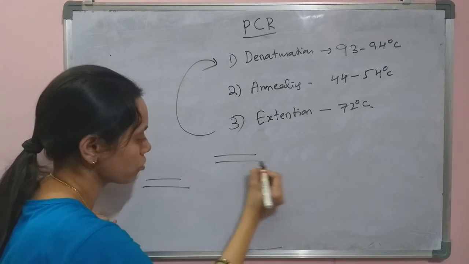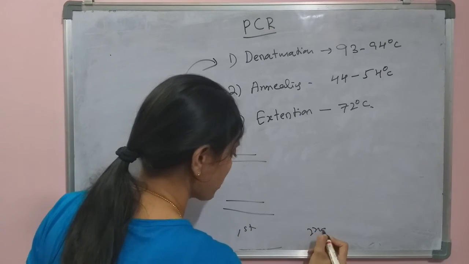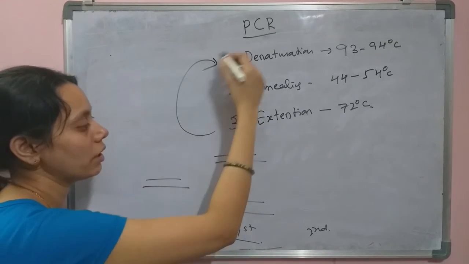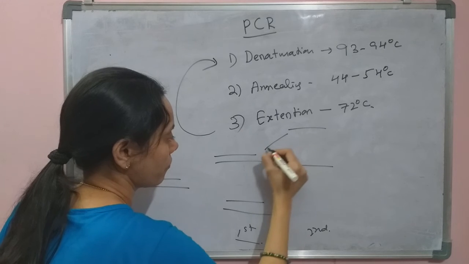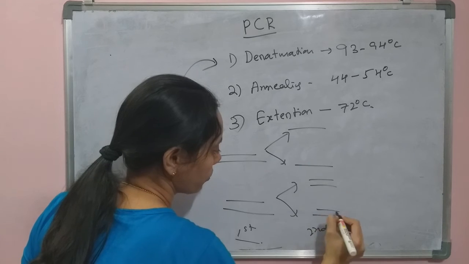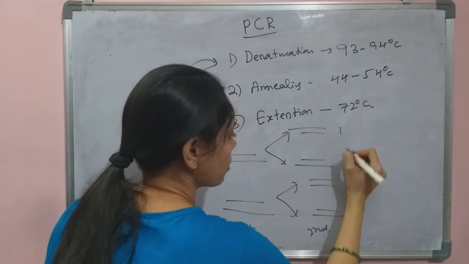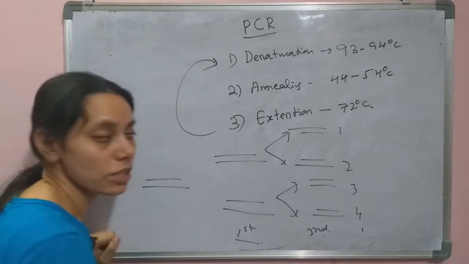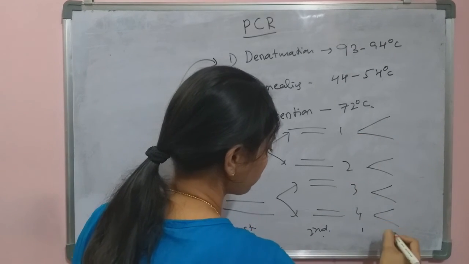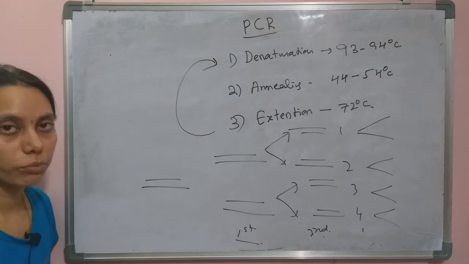So from one strand, 2 strands will be obtained by the end of the first cycle, and once the first cycle is finished, we'll again denature these 2 strands, and the complementary strands will be synthesized. So by the end of the second cycle, we are going to obtain 4 of such DNA, and by the end of the third cycle, again the DNA will be doubled.